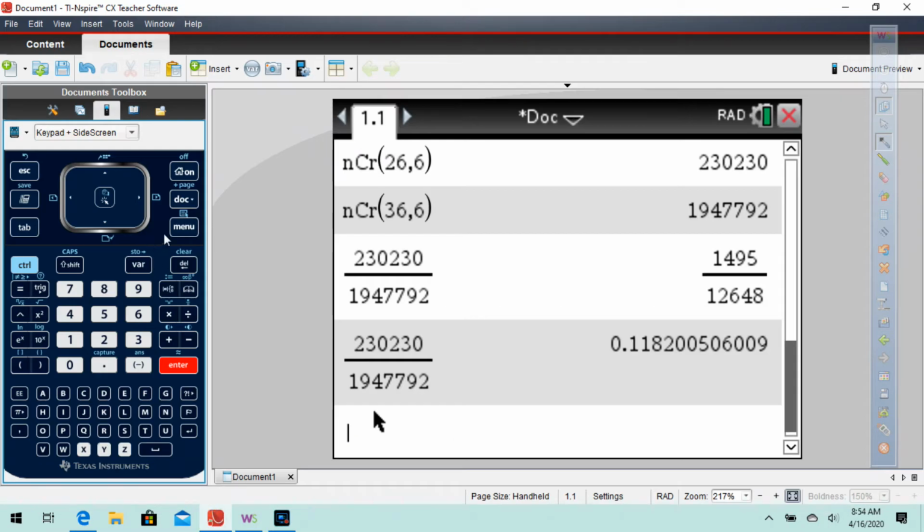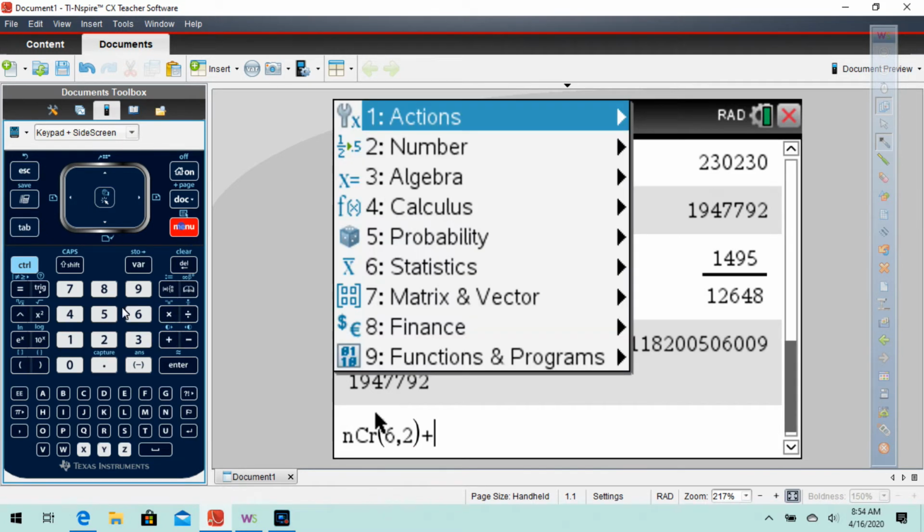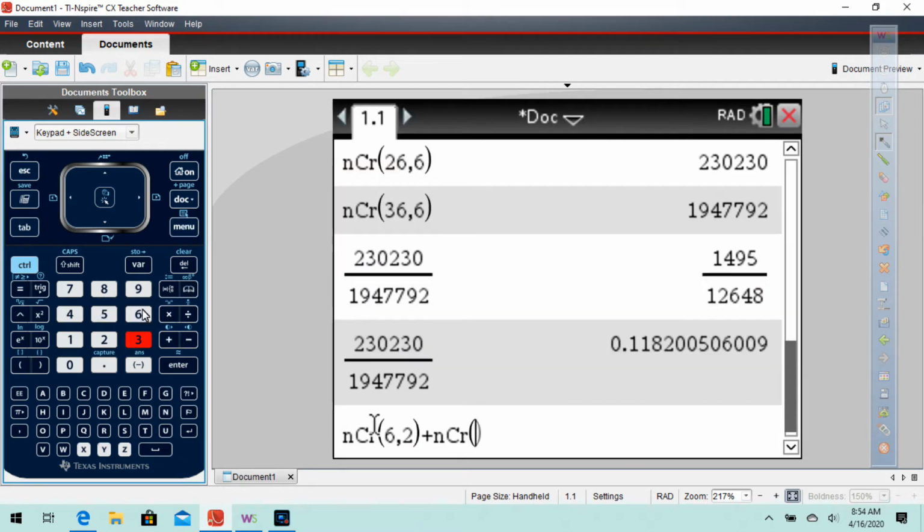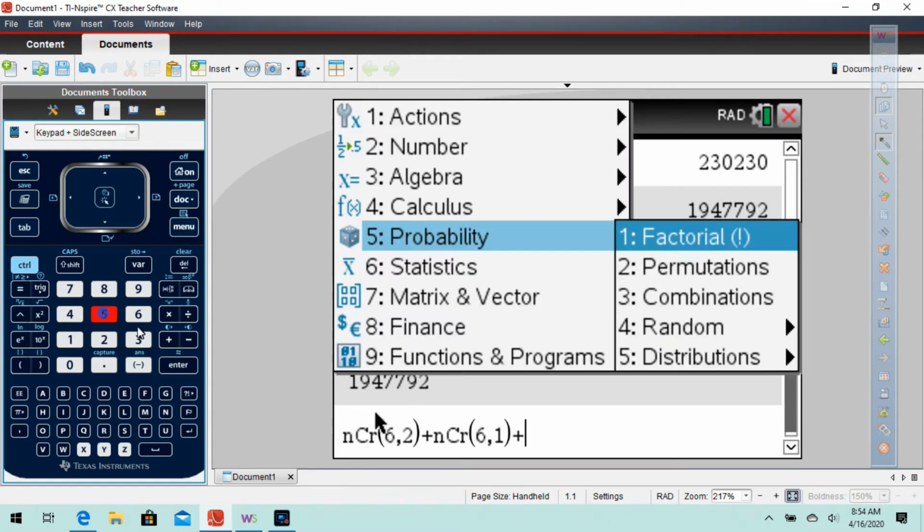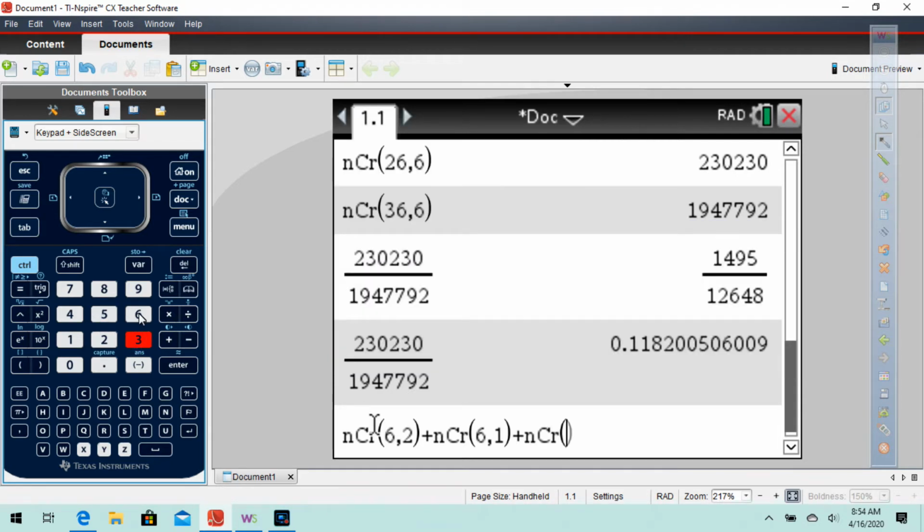Let's see here. Menu, 5, 3, 6 comma 2, plus 6 comma 1, plus 6 comma 0.